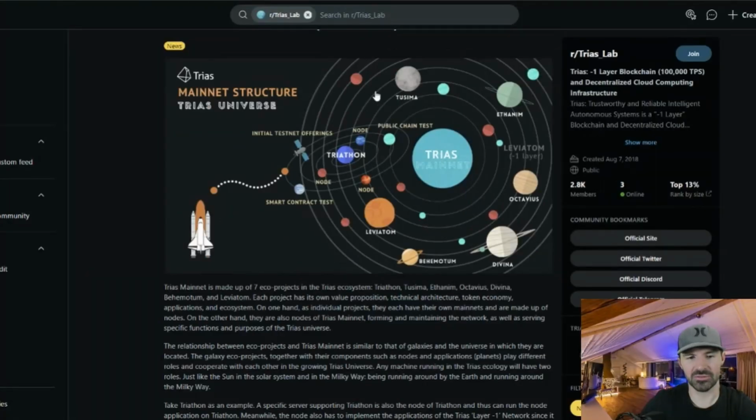So as you can see from the diagram here, you have all these planets surrounding the Trias mainnet, and each planet is an individual ecosystem and has its own token economy, but they all serve specific functions in the Trias universe.